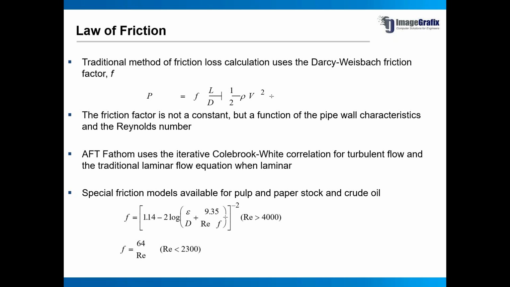It also uses the Colebrook-White equation for turbulent flow and the traditional laminar flow equation when the flow is laminar. You can see it also has specific friction modules available. You can view here the two equations which are used by Fathom.